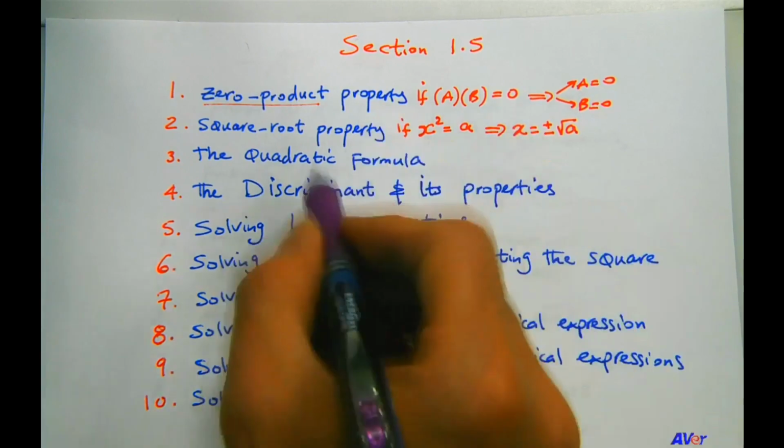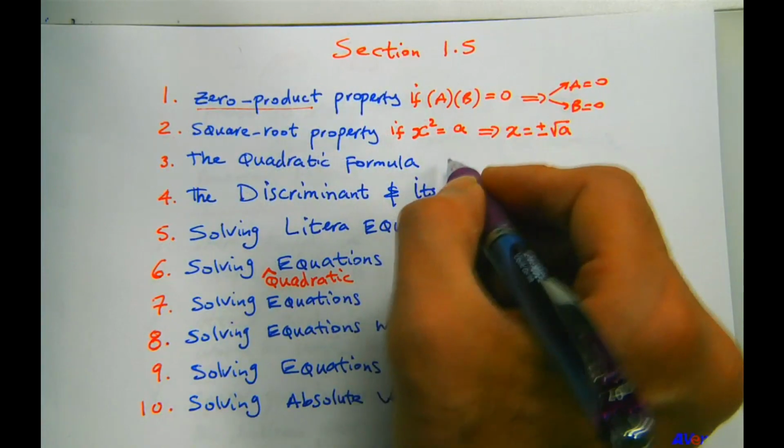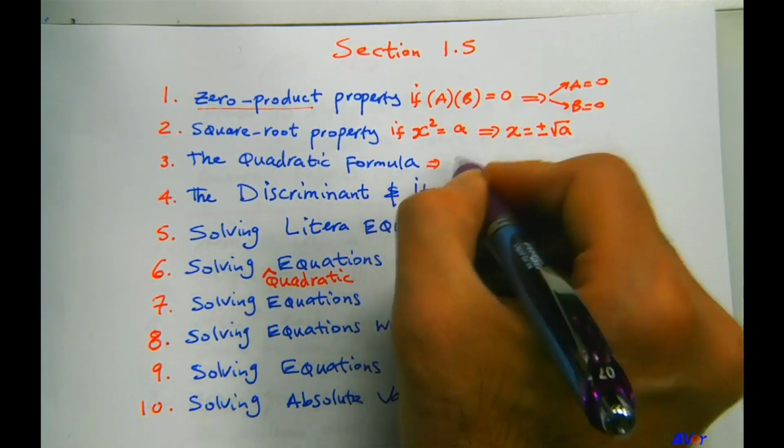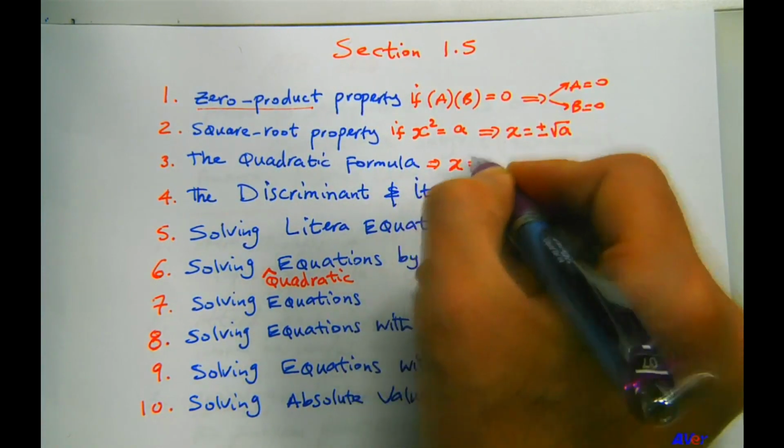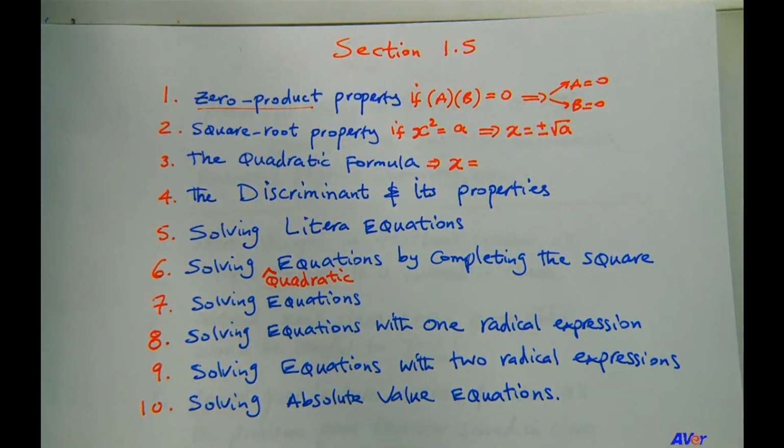Okay, so the quadratic formula, you've seen this before. Usually when a quadratic equation is not factorable, then it's called a prime quadratic equation. To solve a prime quadratic equation, we usually use the quadratic formula.